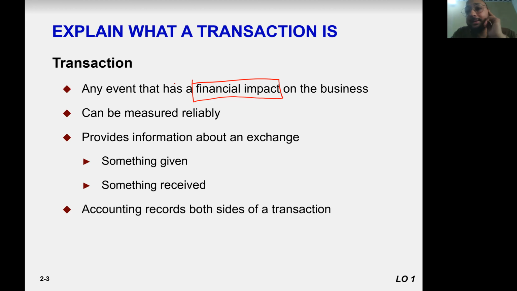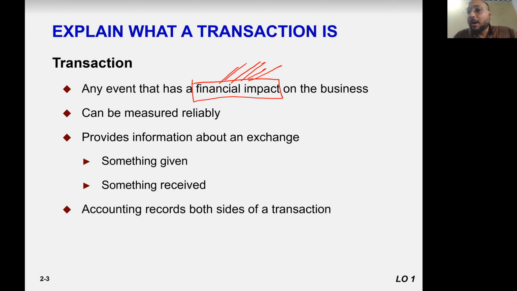That is not a financial transaction, unless you install the AC and the cool air is coming inside the office because you are paying for the electricity bill. So that does have financial impact on the business. We call this a transaction. Similarly, barter transactions, if they have no financial impact, we ignore them.